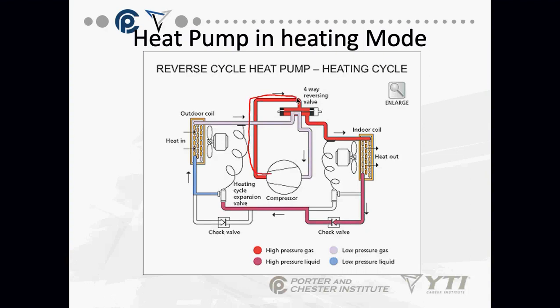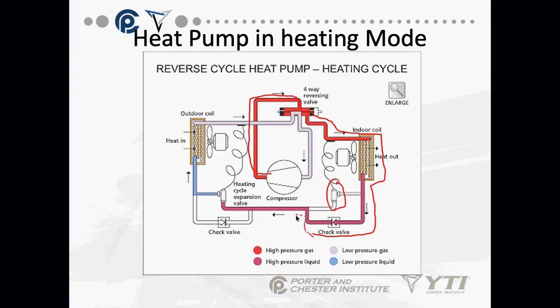The reversing valve now pipes that discharge to my indoor coil, which is operating now as my condenser. I de-superheat, I condense, I subcool. I come out of the indoor coil, I come through my now open check valve. Again, we're now bypassing the indoor metering device.